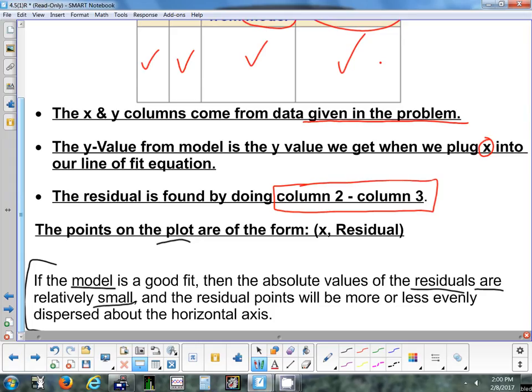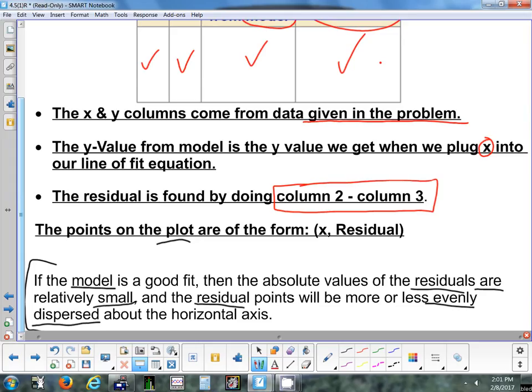And just like when you put in a line of fit, we try to space it out so we have the same number of points above and below the line. Well, when we draw our residuals, we should pretty much have the same amount of points above and below the x-axis. That's what I mean by evenly dispersed. If every single point was above the x-axis, that wouldn't be a good fit.